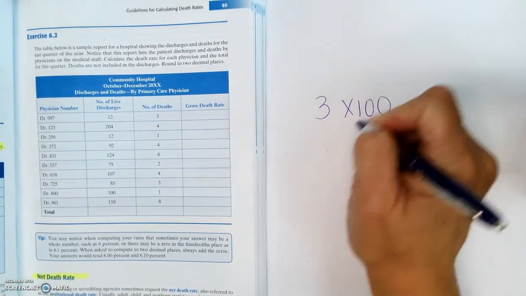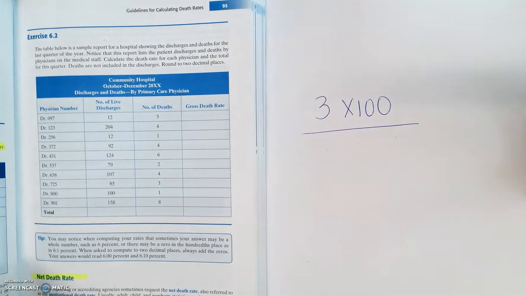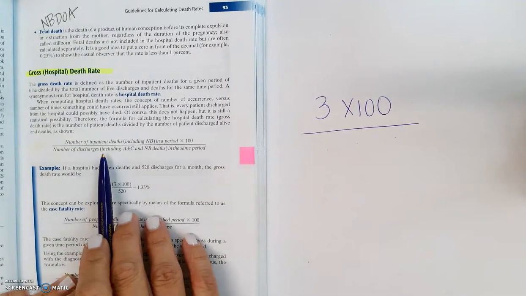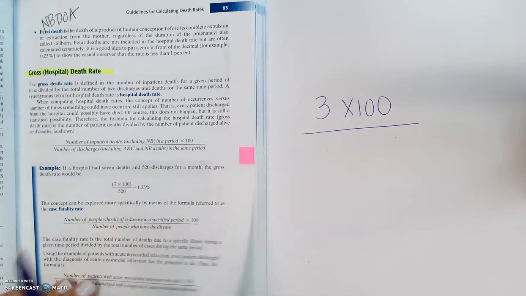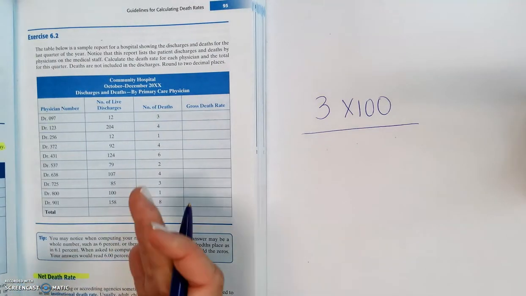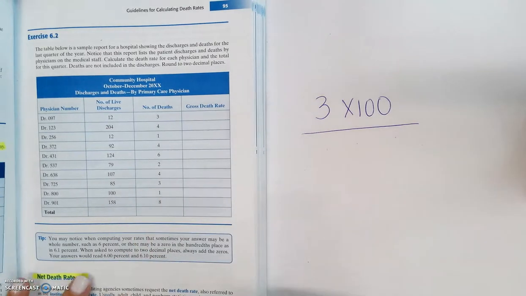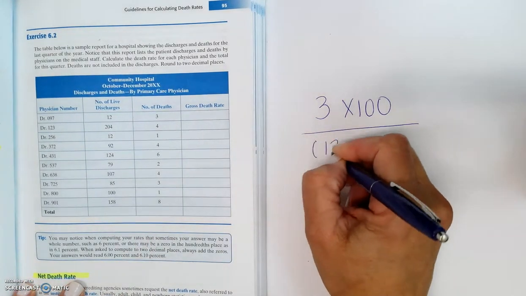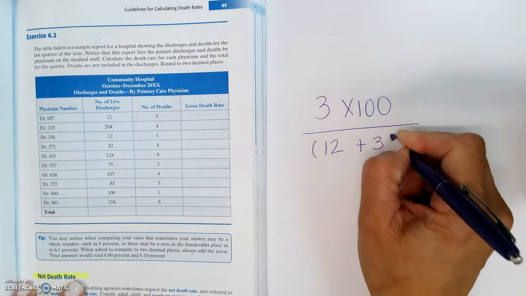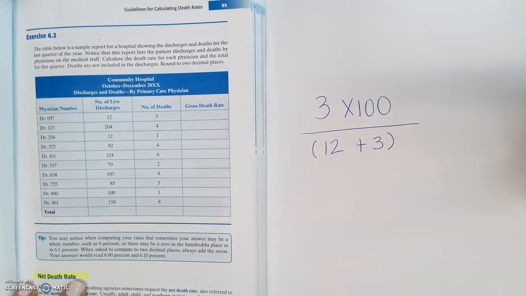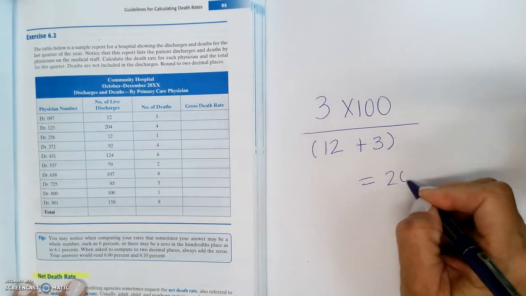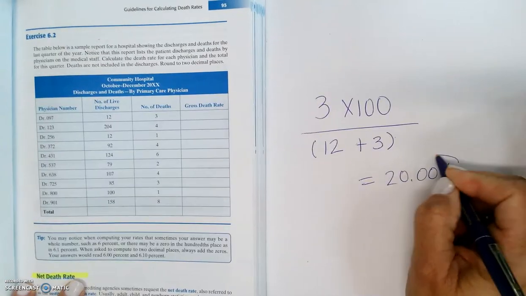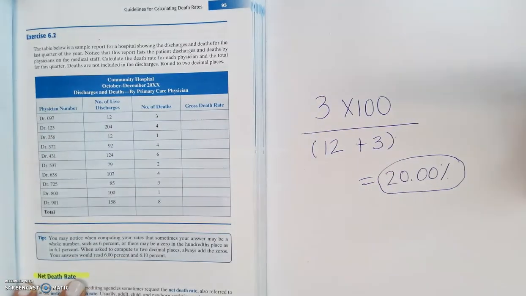So we're going to take those 3 deaths and multiply by 100, and we're going to put that over, your formula says, the total number of discharges in the same period, reminding us to include adult and children and newborn, right? So all we've got is 1 column of deaths, so we'll just use that. So we've got 12 live plus 3 deaths. Round to 2 decimal places: 20.00%. So hopefully that's what you got.